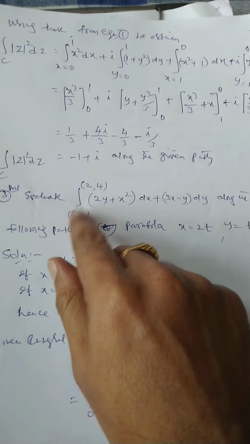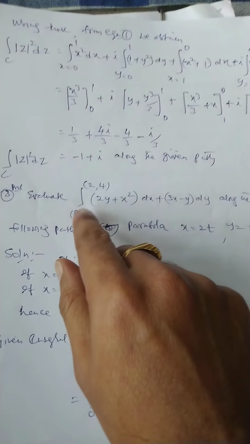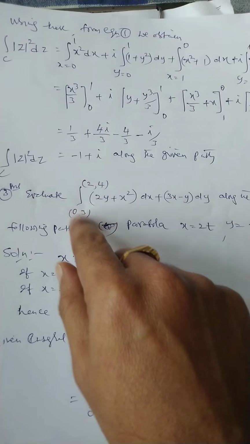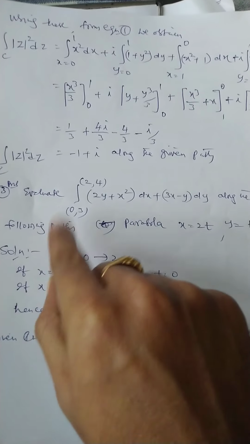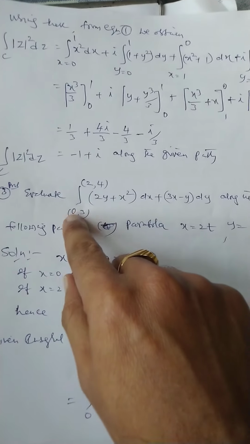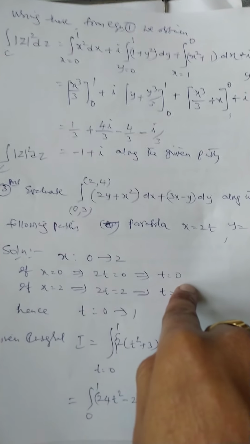X varying from 0 to 2 means, let us convert into parametric form by putting these values in the parametric equation. If x equal to 0, x is nothing but 2t, so t equals 0.